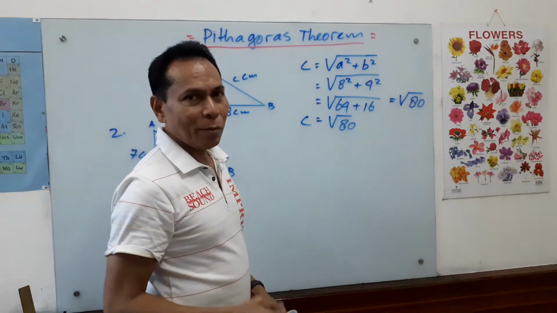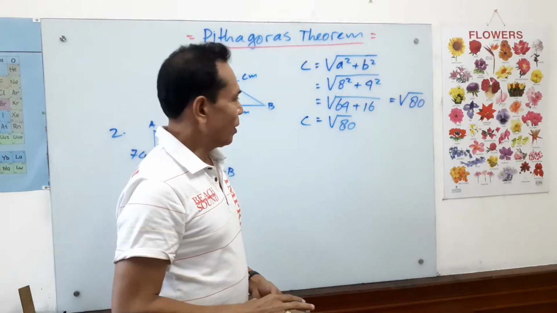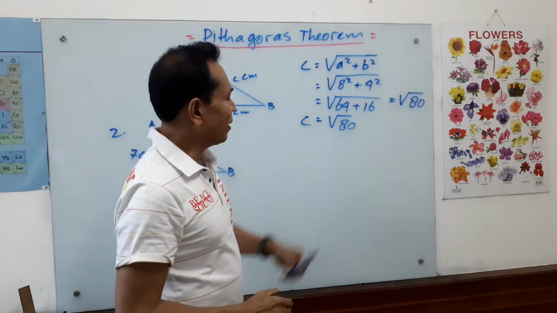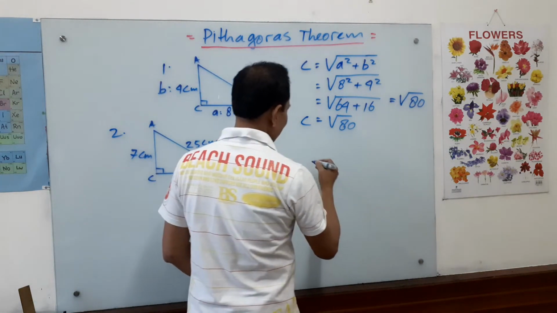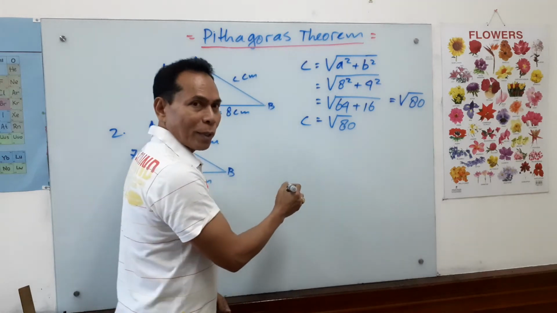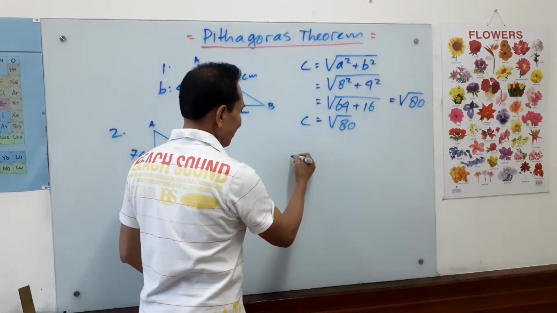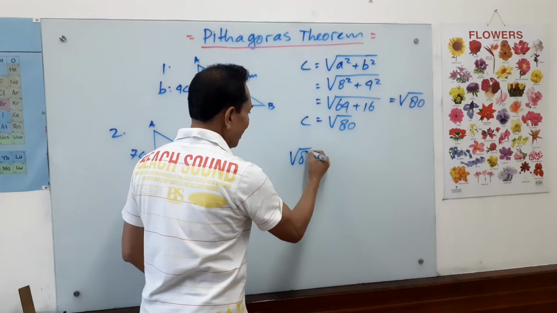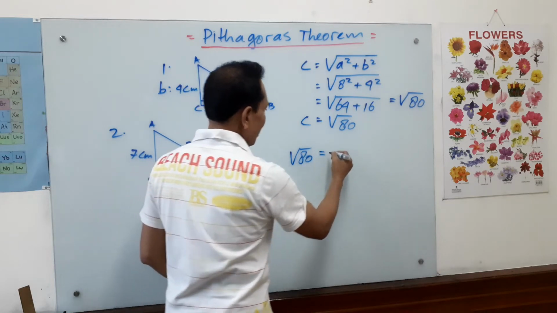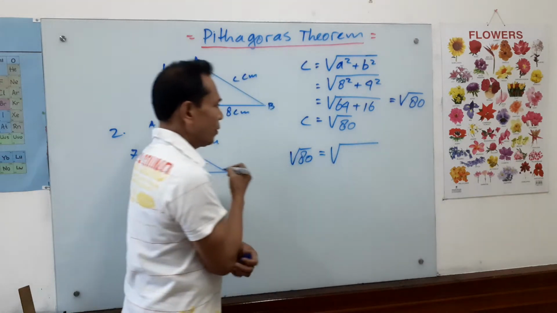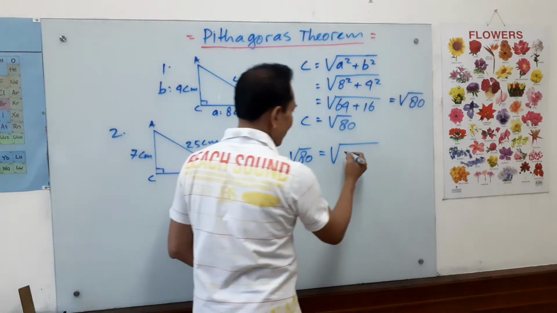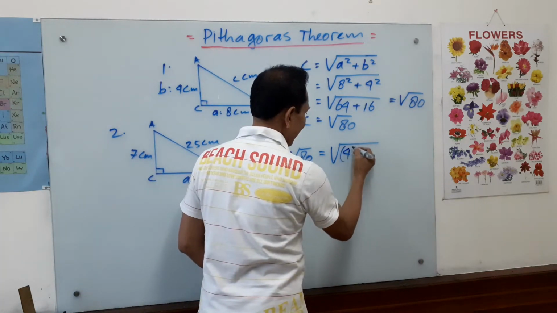Now we need to find this square root 80. I told you children before how to simplify this square root. So let's work it out. Square root 80 equals the square root of 4 and 20, we take 4 to make it easier.